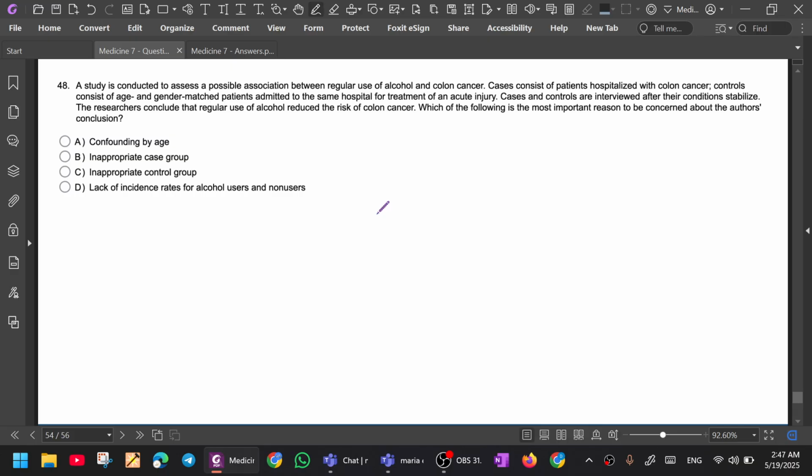Controls consist of age and gender matched patients admitted to the same hospital for treatment of acute injury. Cases and controls are interviewed after their conditions stabilize. The researchers conclude that regular use of alcohol reduces the risk of colon cancer. Which of the following is the most important reason to be concerned about the author's conclusion?